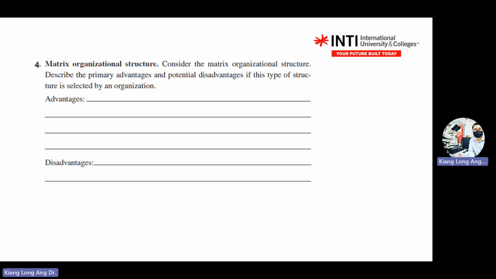It is functional, functional, functional. Project, project, project. Functional manager, project. Basically, if you flip this one to horizontal, they actually have the same authority as the functional manager.